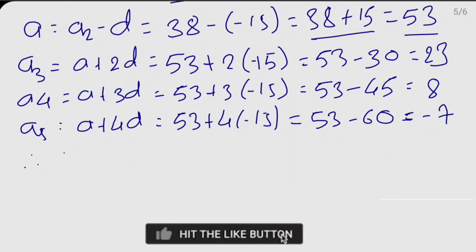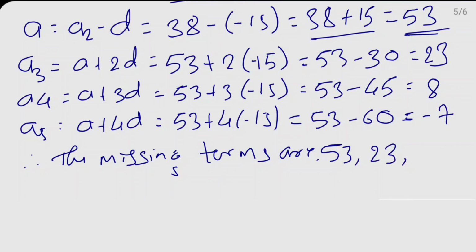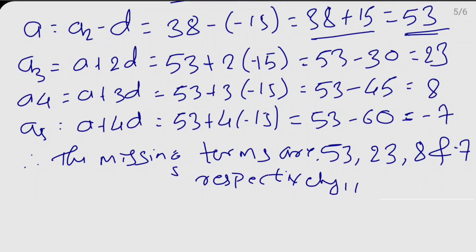Therefore the missing terms are, first one is 53, 23, 8 and minus 7 respectively. Is it clear?